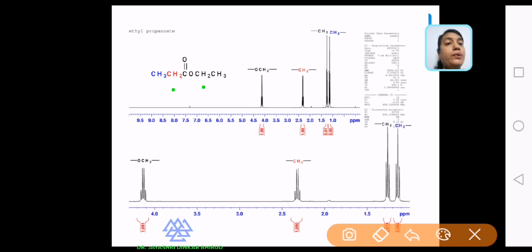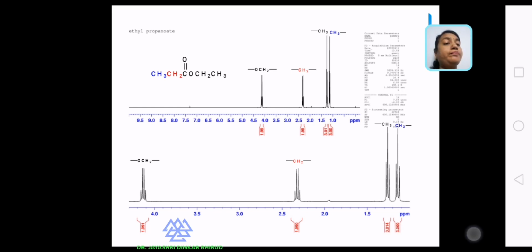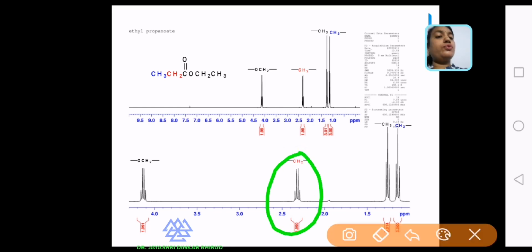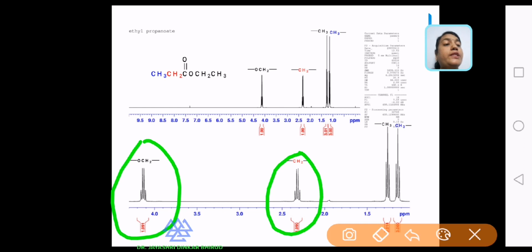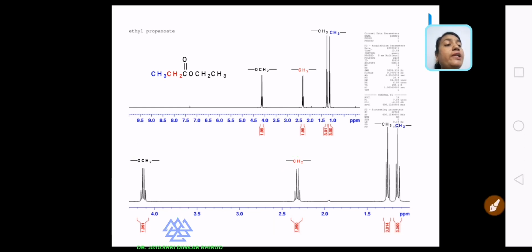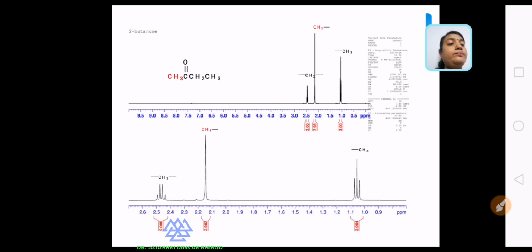This CH2 group gives a quartet for the 2 protons, and this other CH2 group also gives a quartet for the 2 protons. There is a difference in the values. One of the CH2 groups is highly de-shielded, and this highly de-shielded proton is the OCH2 group. This example shows the number of signals is 4.